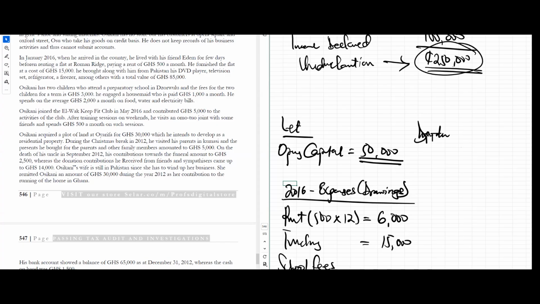Donations received was how much? 14,000. So this one, we know this one is a non-taxable income.